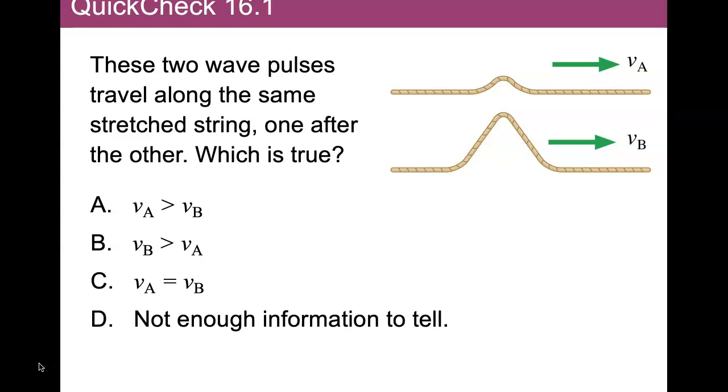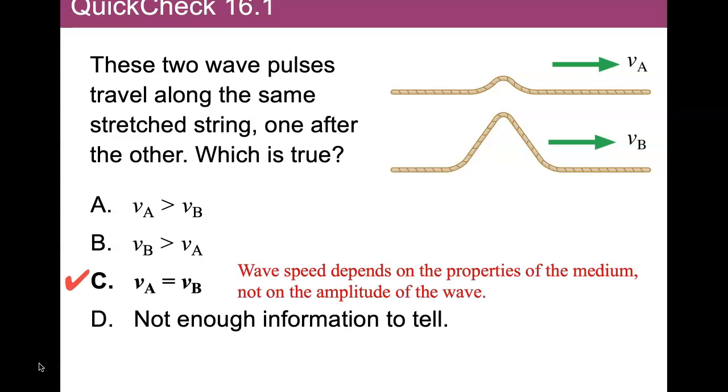But we know that the speed of propagation doesn't really depend on that. It only depends on two things, the tension in the string and its mass per unit length, its linear mass density. So if it's the same rope, those two things are the same, and the answer should be C, right? It shouldn't depend on the pulse shape or how it was generated.